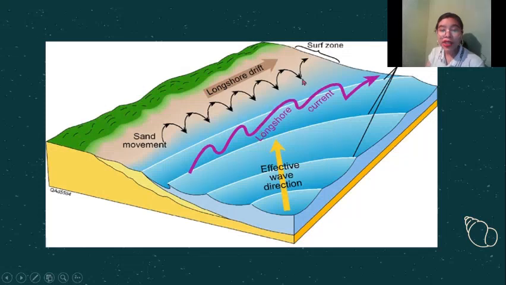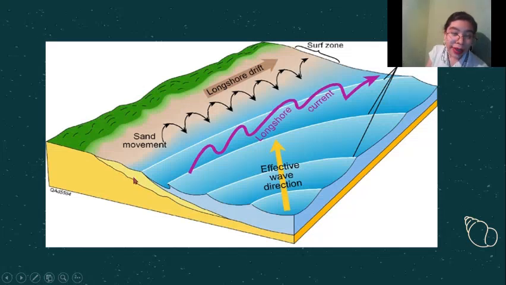Okay, here we have the picture for you to get a better image of what I'm talking about. So here are the waves at a certain angle, right? They go towards the coastline at an angle. So the sand will go up and down according to the wave movement, and then it begins to create this thing that is below here that I'm marking with my mouse.